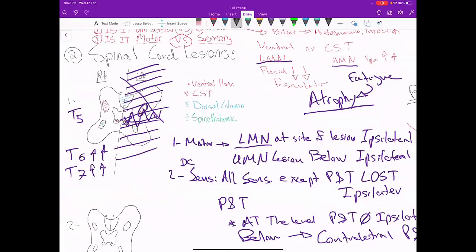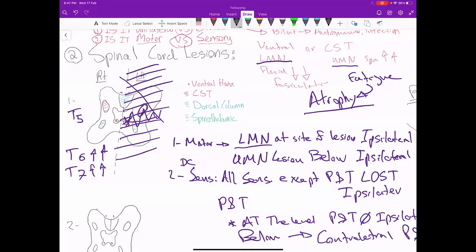So at the site of the lesion, we know it has to be a lower motor neuron lesion, because the corticospinal is a higher functioning process, which relays its information to the messenger, and the messenger is the ventral horn, but the ventral horn is also damaged. So regardless of anything, at the level of the lesion, we have ipsilateral lower motor neuron paralysis. Below the level of the lesion, you're always going to have an upper motor neuron lesion ipsilaterally.